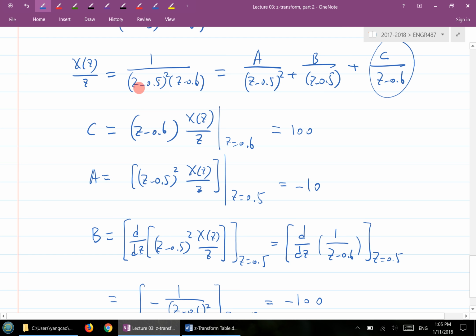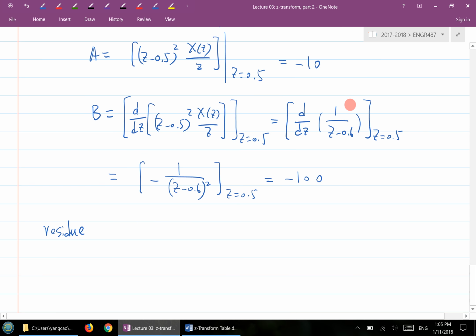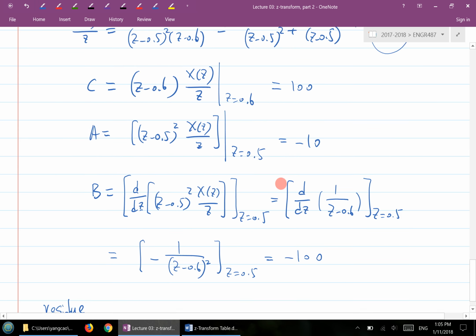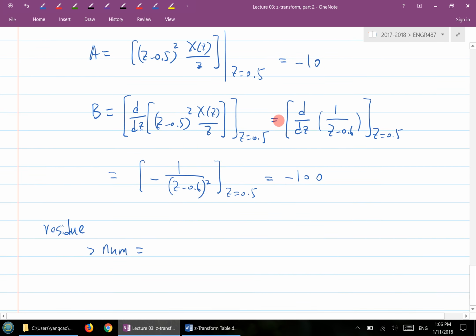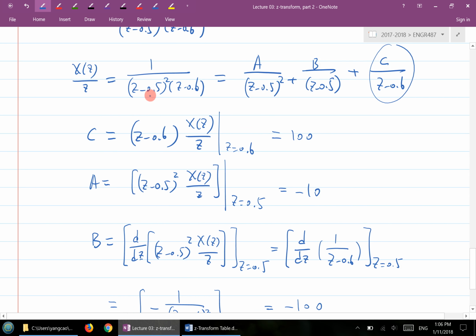So in MATLAB, you need to enter the command to form the numerator and denominator for the fraction first. For the numerator, it's just a 1, so you can say my numerator variable equals 1, and your denominator here is a multiplication of 3 factors, so this one multiplied by itself twice.